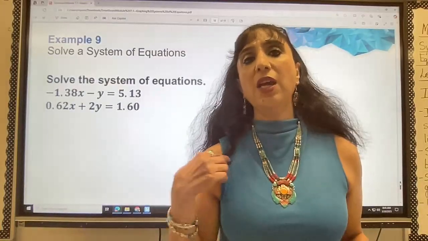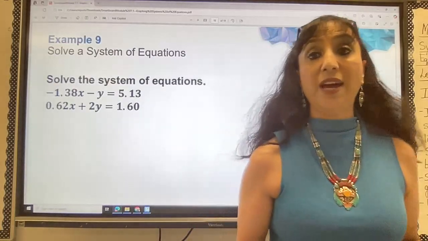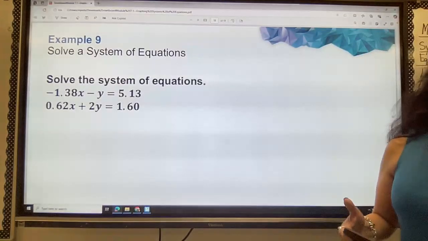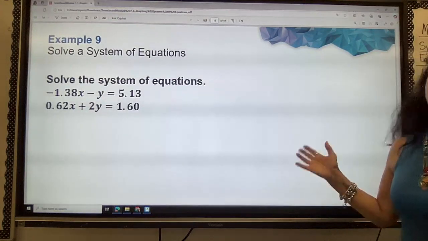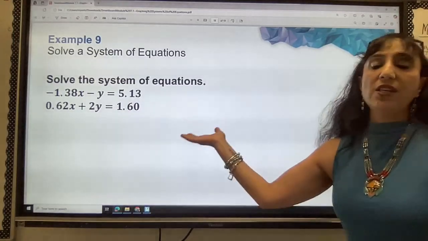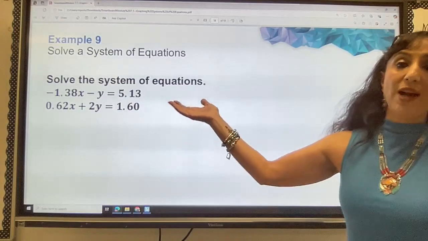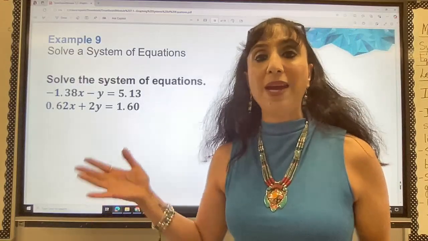So when using a graphing calculator, it is also possible to graph the lines in the equation, and you can use a graphing calculator to graph and solve a system of equations by following these steps. Of course, first thing you'll have to do is isolate the y. We've got to put it in the format of y is equal to mx plus b.